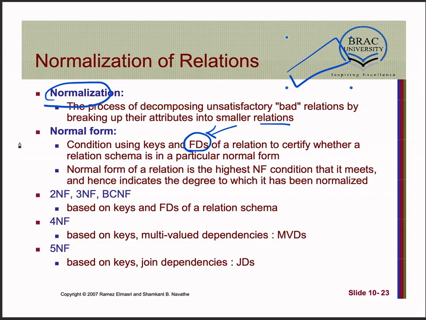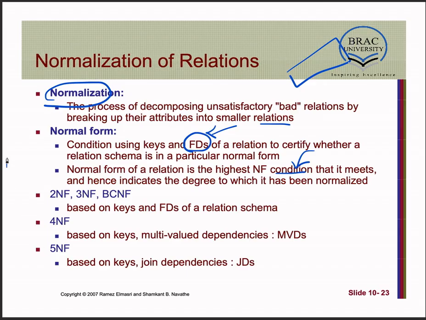There are different normal forms, and they determine how good your table is. Each normal form has some conditions, and if your database schema meets those conditions, then you can say that your schema is in that particular normal form.